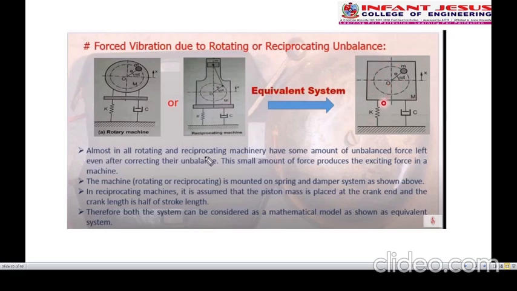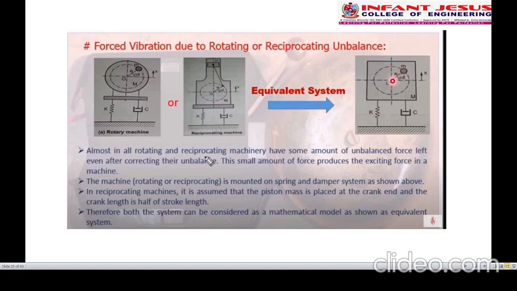For a problem solution, we consider an equivalent system instead of a rotary or reciprocating machine. The entire mass is taken as capital M, and the unbalanced mass is taken as small m.